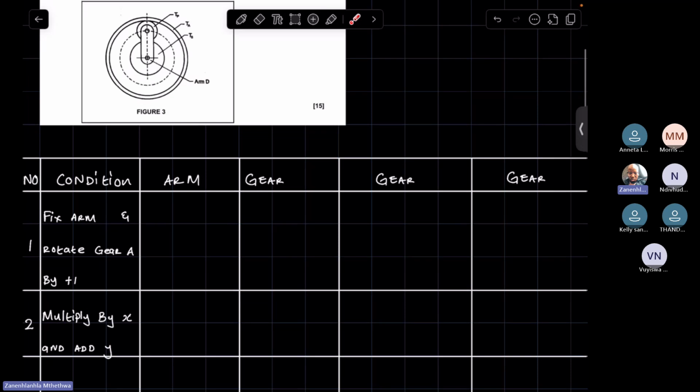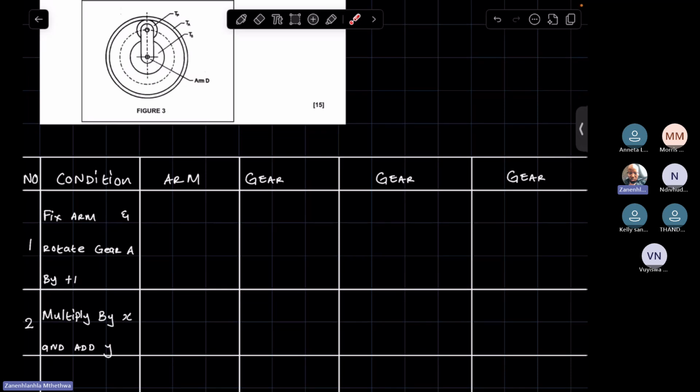So it is unnecessary to have two columns to represent those two gears, because essentially they are rotating with the same rotational frequency as well as in the same direction. I hope that makes sense. Does that make sense? Yes, it does. All right.